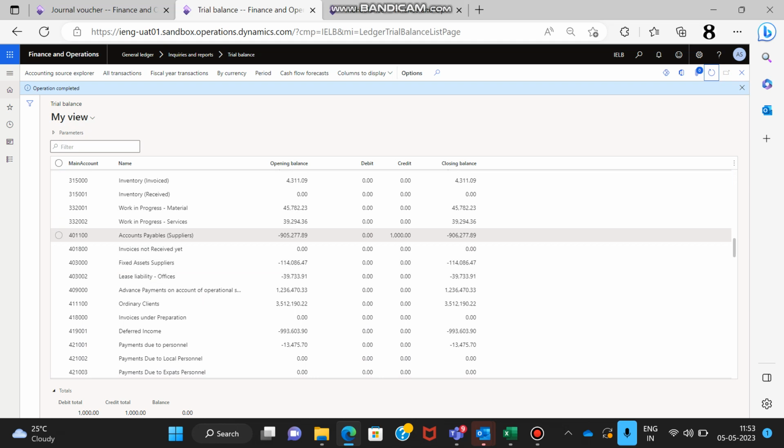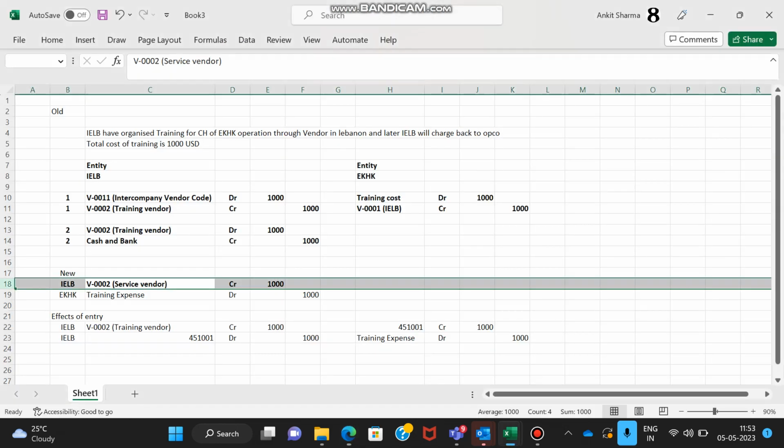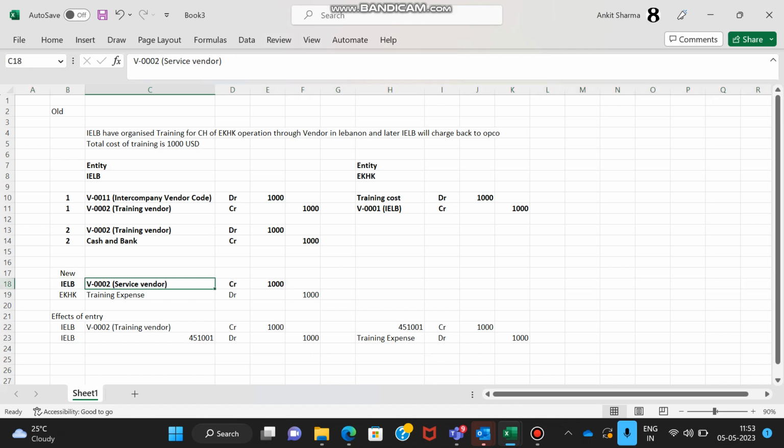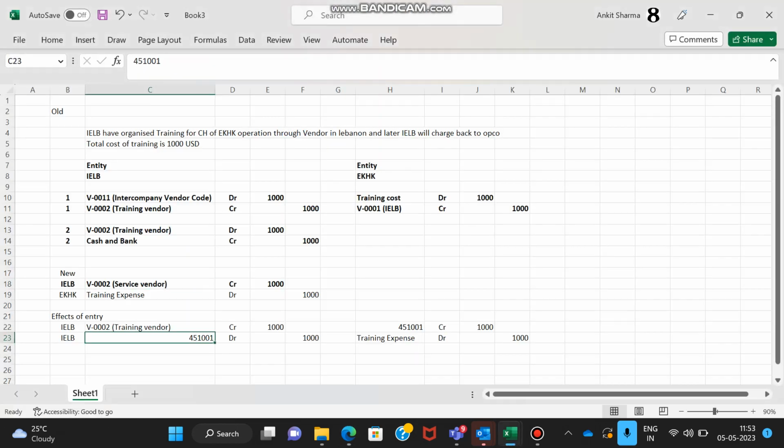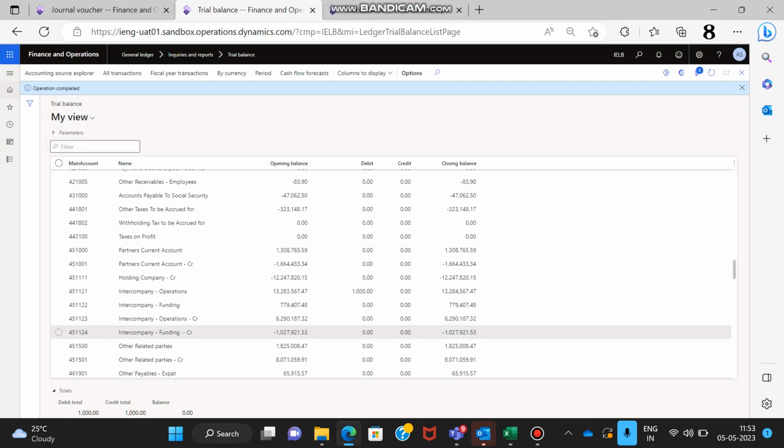If you can see, the accounts payable is credited, because the liability to pay this vendor lies on IELB, and the second account affected would be 451, the intercompany account. So you can see the intercompany account is debited.